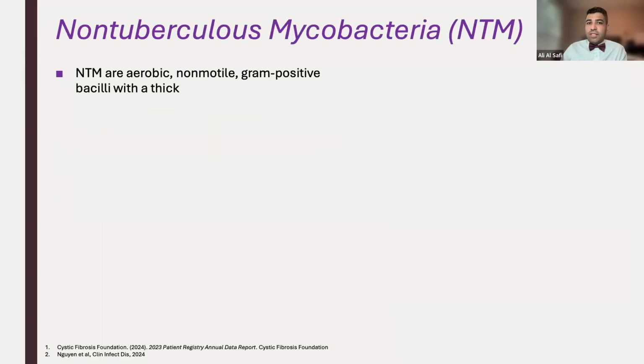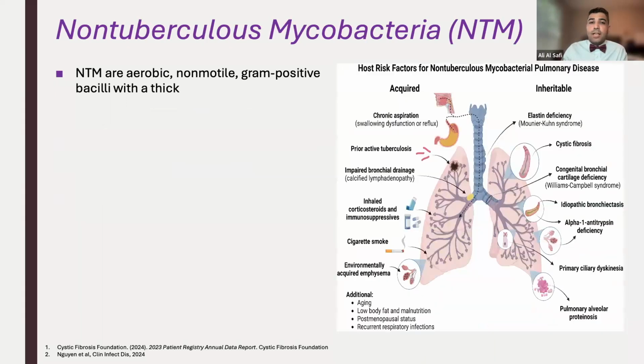So non-tuberculous mycobacteria, or NTM, are aerobic bacteria that love air, non-motile, do not move, and gram-positive, with thick layers, with thick membranes.